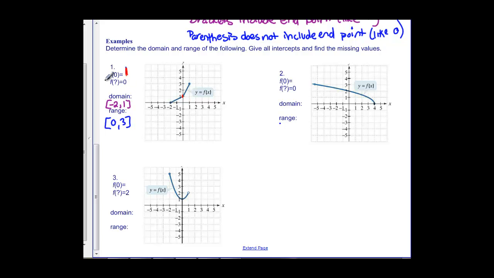Now this one's a little bit trickier. f of what gives you 0? f of negative 2, right? So we're looking for the y value of 0, which is along this, and it's going to be at this point right here. So f of negative 2 gives us 0.